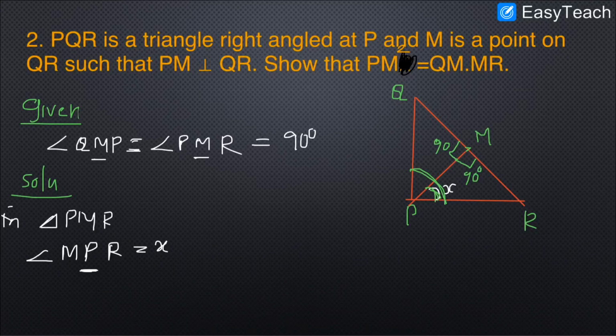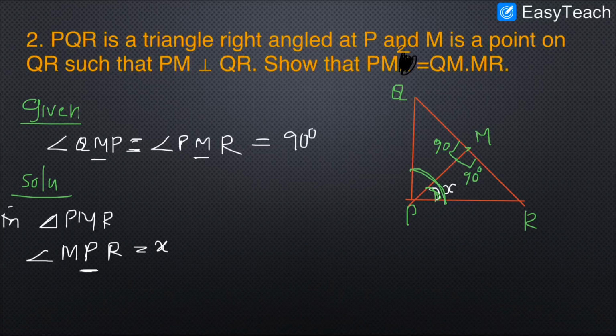Let's go back to the picture. QMP, you start with this one triangle. When you write the second triangle, start from the previous ending point, so PMR. The first triangle you write as QMP, and the second triangle you write as PMR. Then only the trick is going to work.